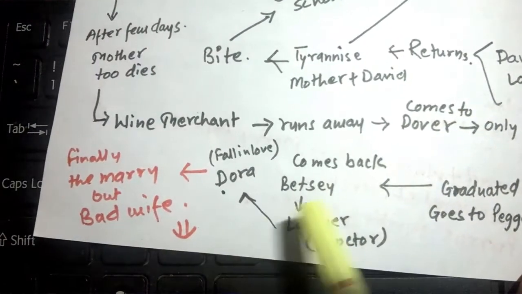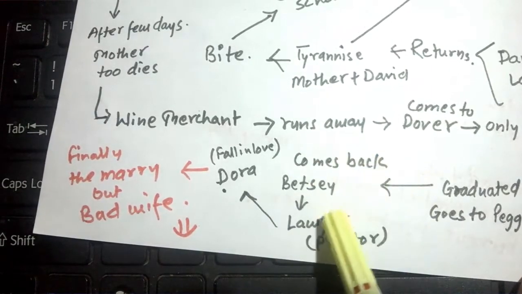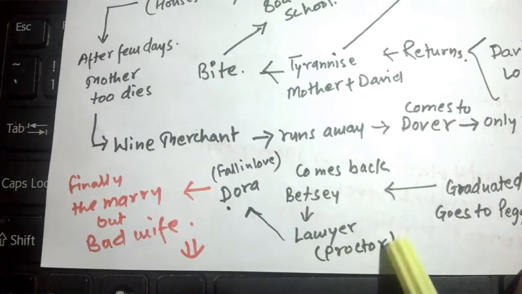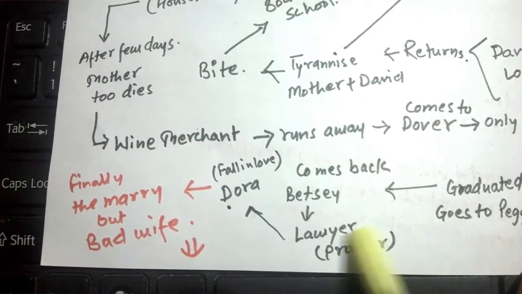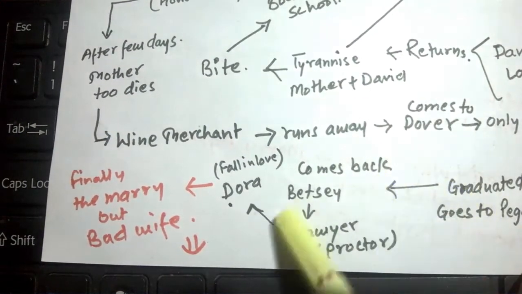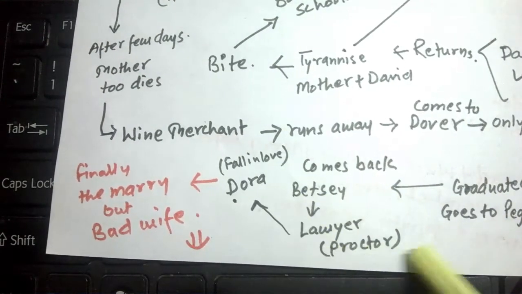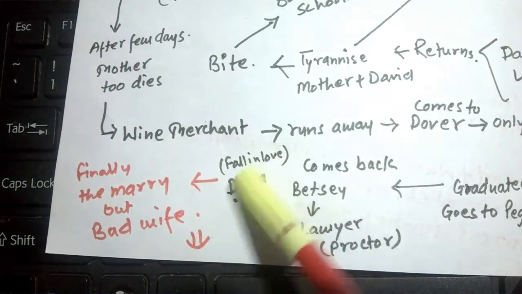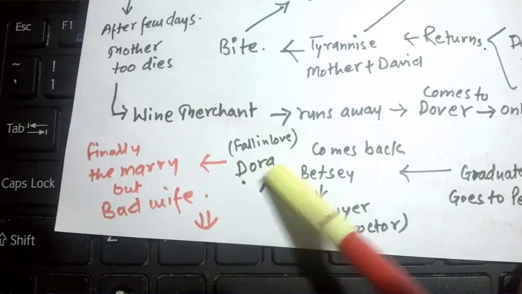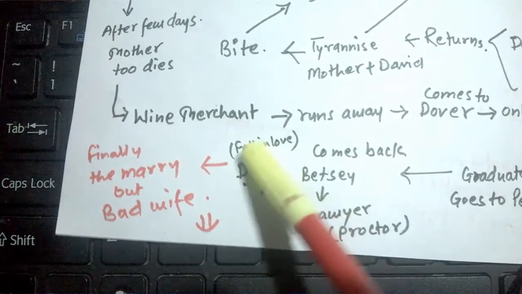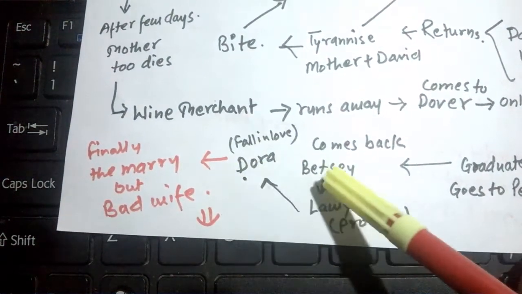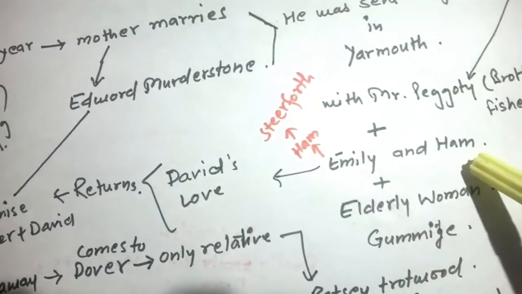He comes back to Betsy after a few years, and she told him to become a proctor. A proctor is a kind of lawyer. He becomes that, and later he falls in love with Dora, and later he marries her, but she proved to be a very bad wife. She didn't know any household jobs.